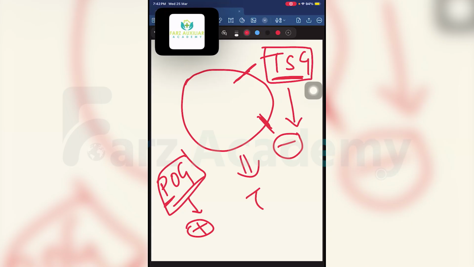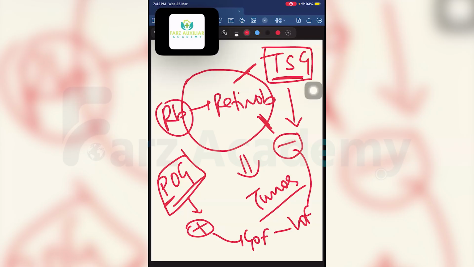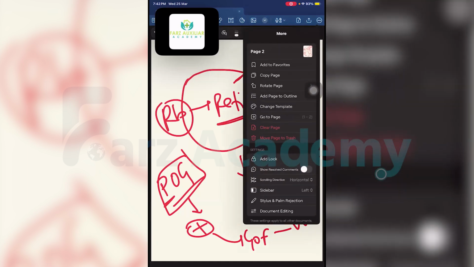In order to develop a tumor, you have to understand that I need to have a loss of function of a tumor suppressor gene and a gain of function of a proto-oncogene, right? So my RB gene, to develop a retinoblastoma, should not be able to do its normal tumor suppressor function, then only is it going to cause a tumor, right?